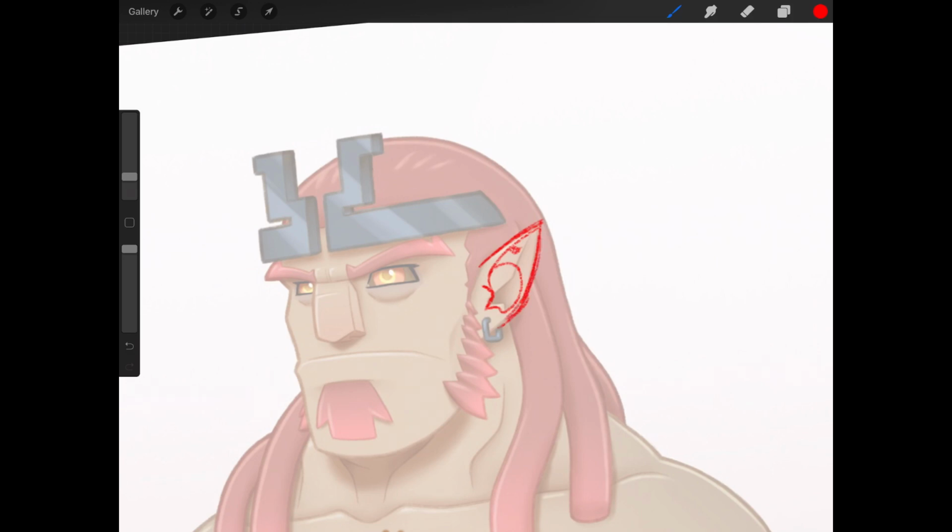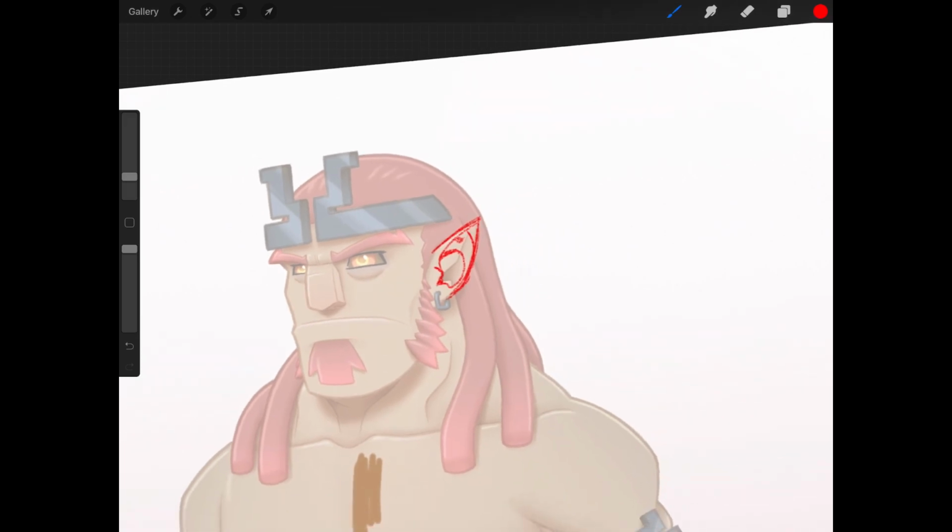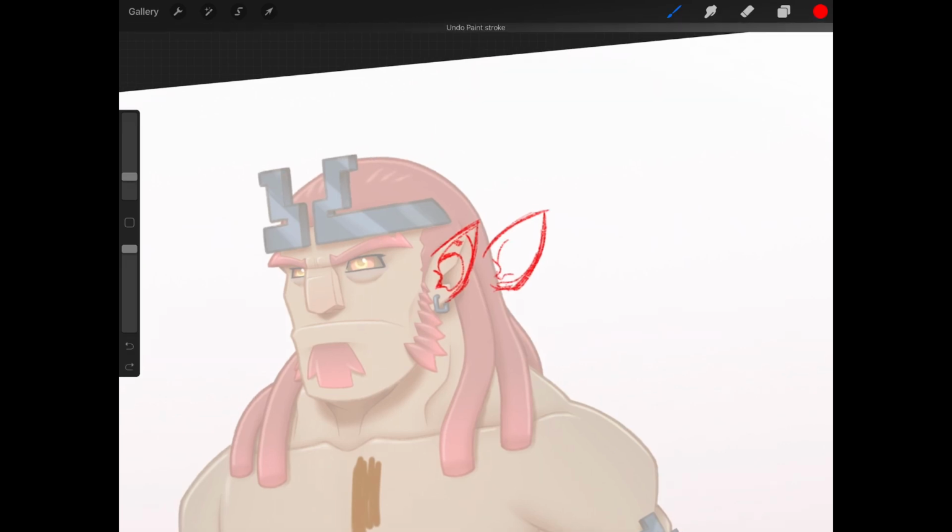But then we've got this bit here that curves in like that. Now this is stylized, and it's also stylized for an ear that is, you know, weird, but I think that helps with the ear. So if I'm going to actually reconcile this now to just be a little bit more anatomically satisfying, it'd be something kind of like this.